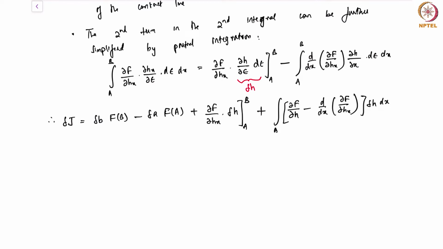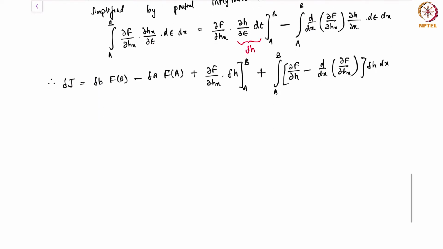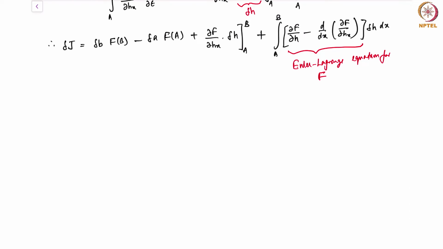So note that this expression in this integral is nothing but the Euler Lagrange equation for capital F. Okay, right?